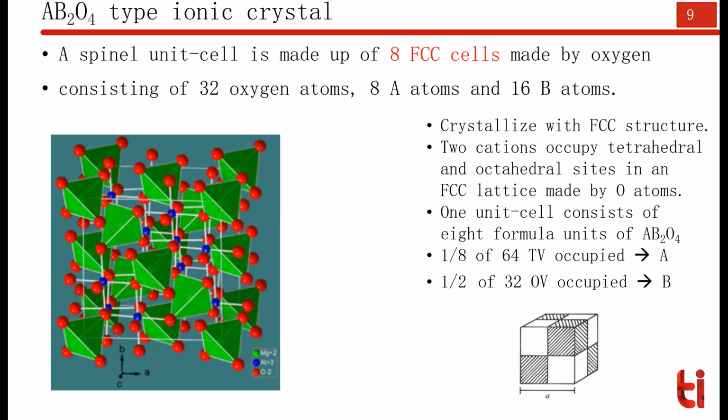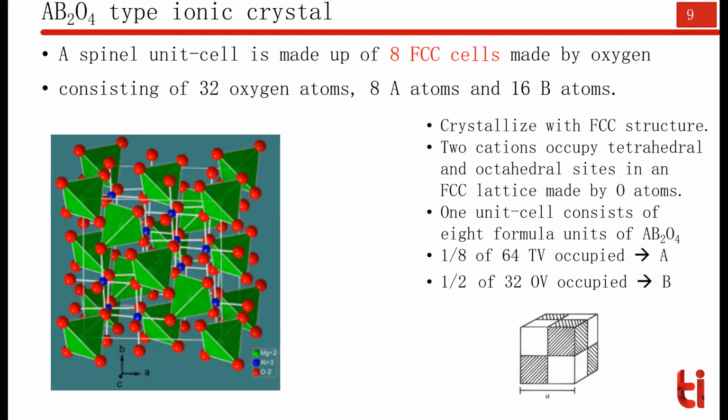Spinel structure actually is a very complicated structure made up of a very large unit cell. So if you try to look at the picture where I have shown the atomic positions in the unit cell, you can hardly understand anything because the unit cell itself looks too complicated.